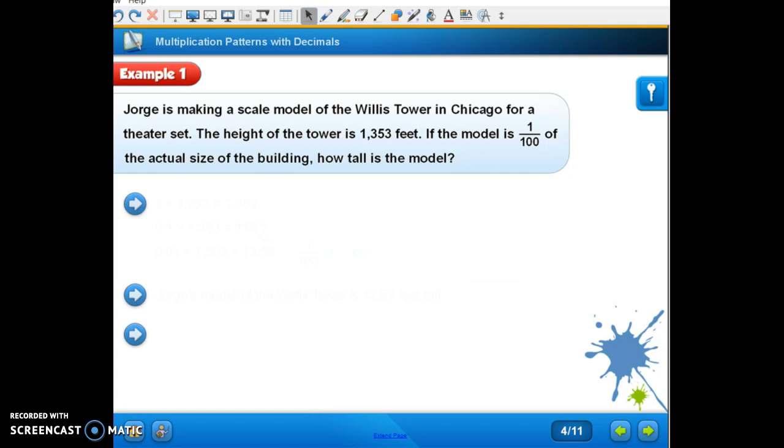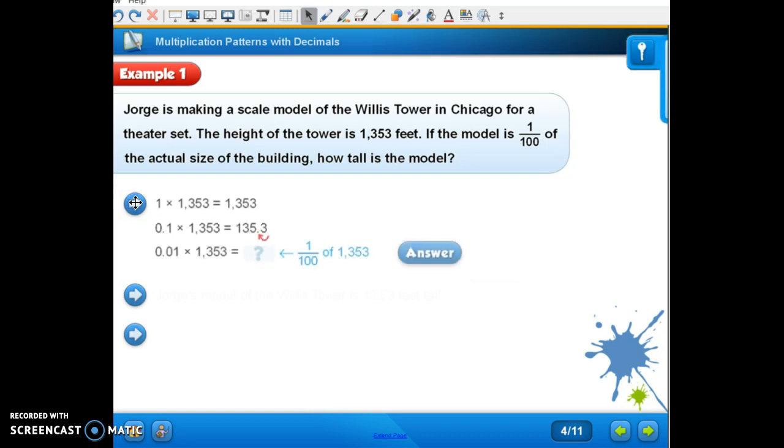The height of the tower is 1,353 feet. If the model is 1/100th of the actual size, how tall is the model?